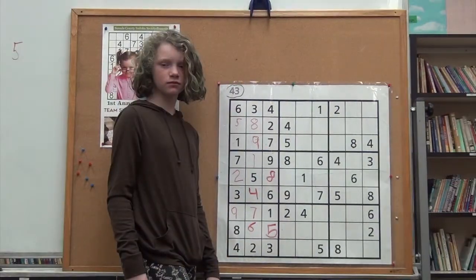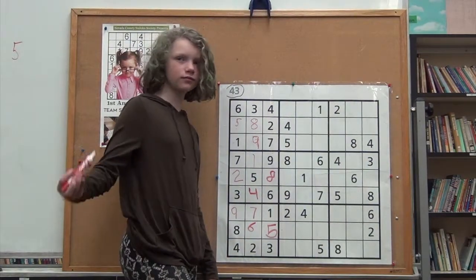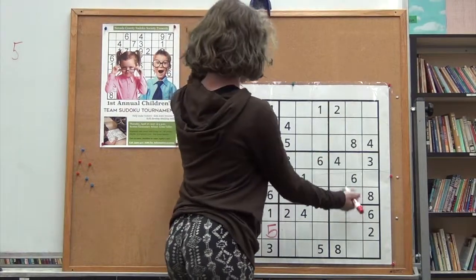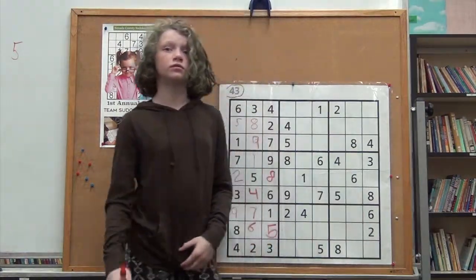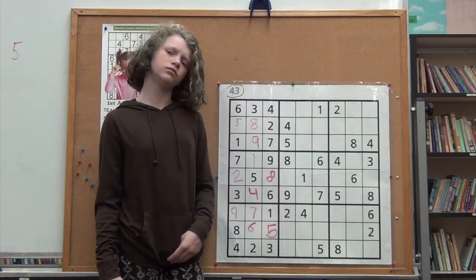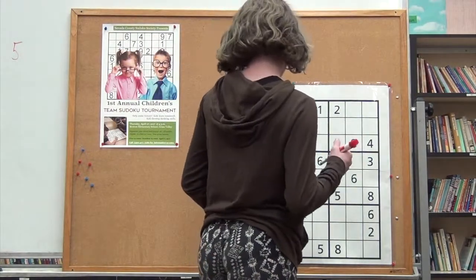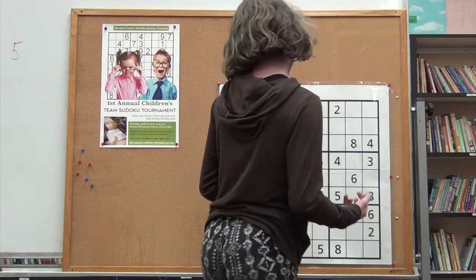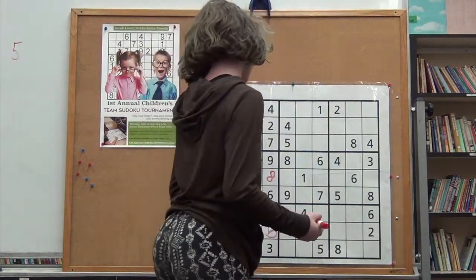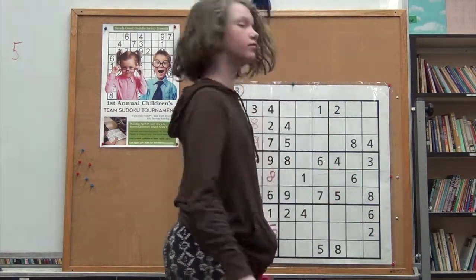Good. Name which family you will work on. I'm going to be working on this box. Say which numbers are needed. We need a 1, 2, 4, 7, and 9.